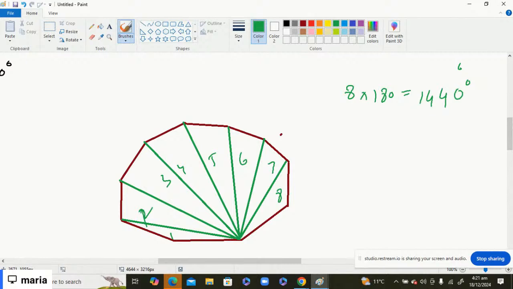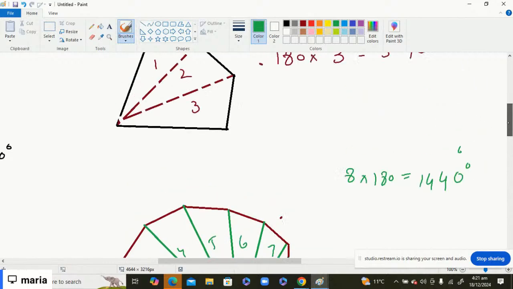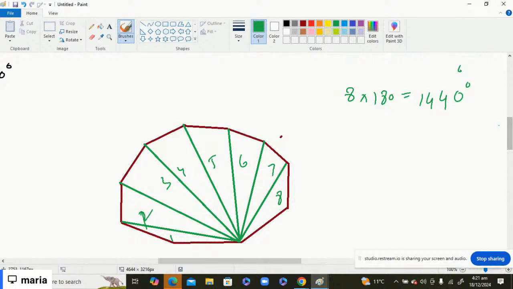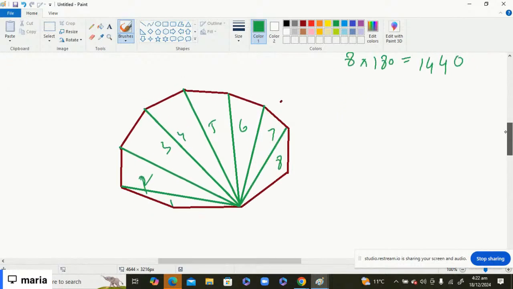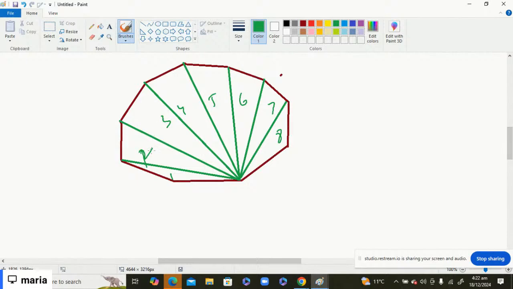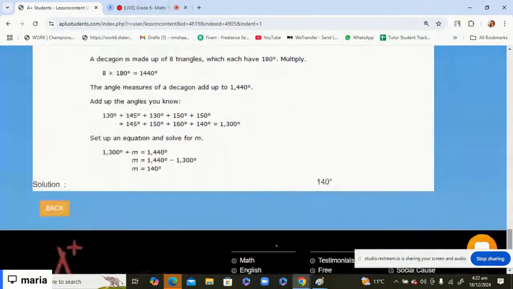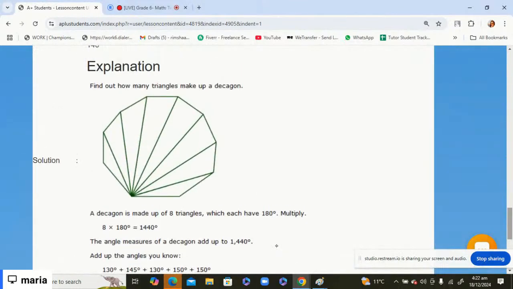You are going to split it into equal parts just like this. So it's 1440 degrees.